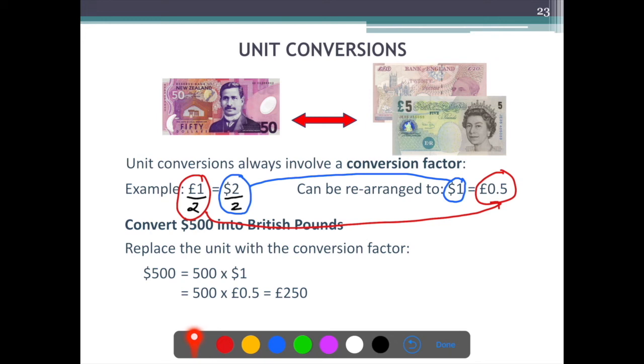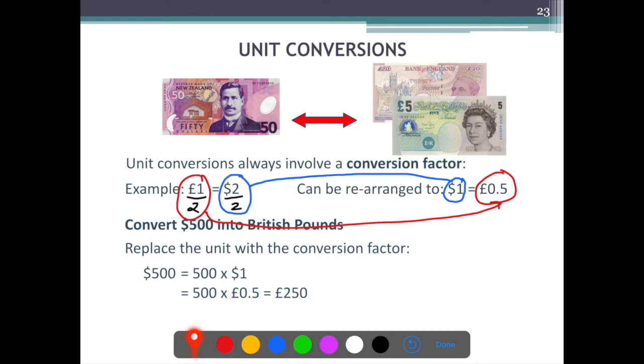Here we separated $500 into 500 pieces of $1 notes. Then you substitute the unit that you don't want with the unit that you want using the conversion factor. You don't want the dollar, you want the pound, and your conversion factor tells you that $1 is equal to 0.5 pounds. So we change $1 with 0.5 pounds and do the calculation, and see that $500 is equal to 250 pounds.